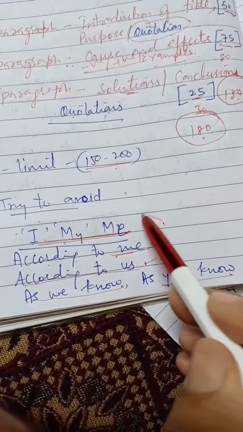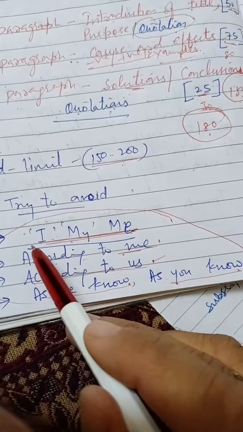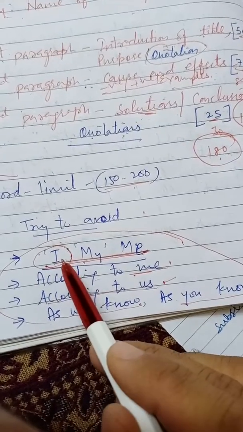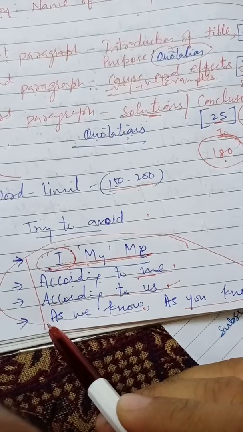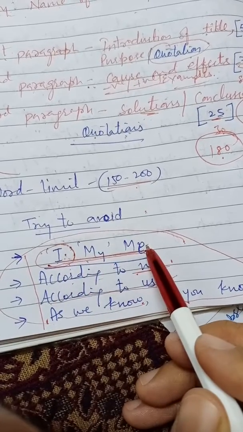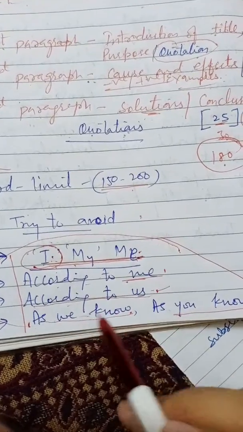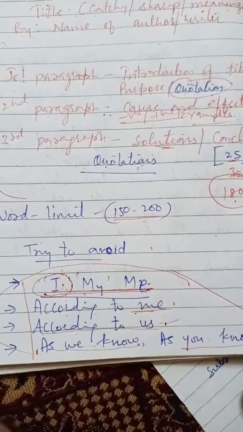I suggest you, dear students, try to avoid these things, because personal pronouns we never use in article writing. So these are the four things you need to take care of. I, my, me mean personal pronouns. Try to avoid these phrases and personal pronouns.